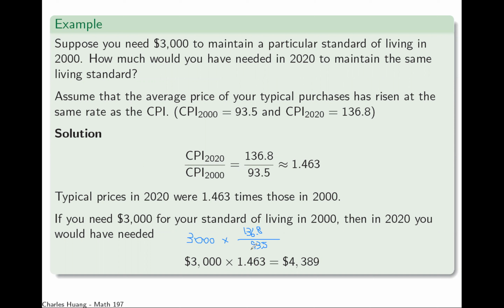We take year 2000 divided by year 2000 multiplied by year 2020. And this will give you the same answer, 4,389. So what that means is that 20 years ago, when it's $3,000, I can buy something for $3,000. It's going to cost us a little bit more now. It's going to cost us 4,389, 20 years later.